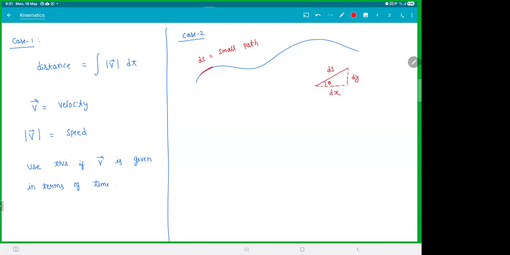Is that making sense, what I did? I took a very small path. I just zoomed in for you to see. Since it is so small, can I treat it like a straight line? That's the whole point of integration, isn't it? When you take something so small, you can treat it like a straight line. Now, using Pythagoras theorem, I can write ds is nothing but root over dx square plus dy square.